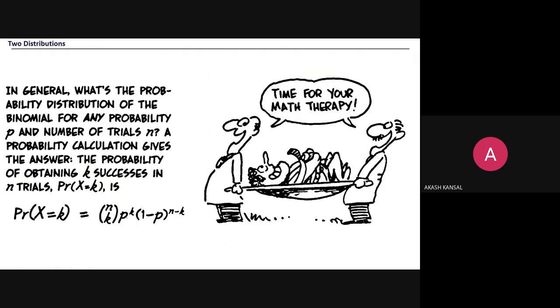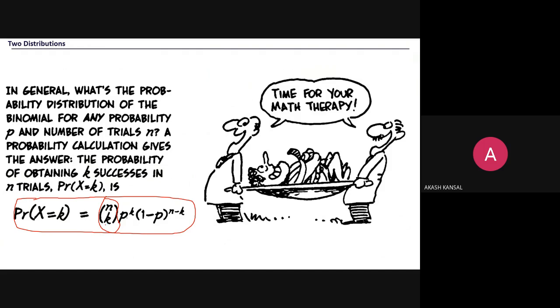probability x is equal to k is going to be nk. This thing here is what we call combination, which we have already studied in mathematics.